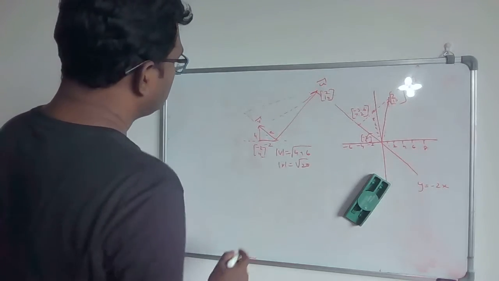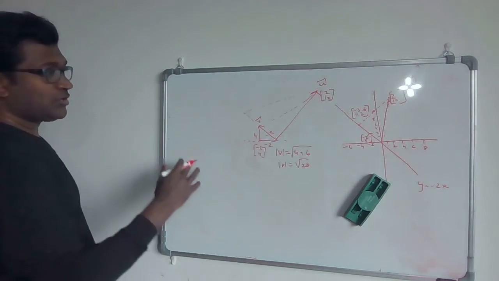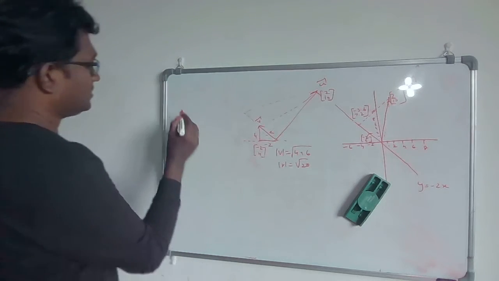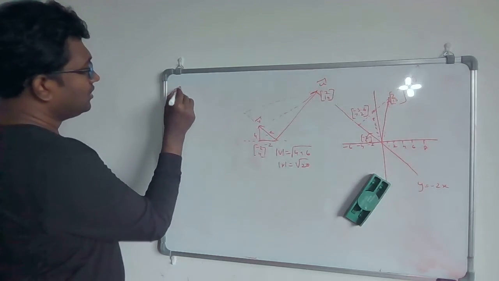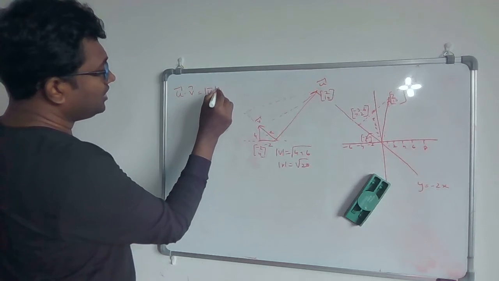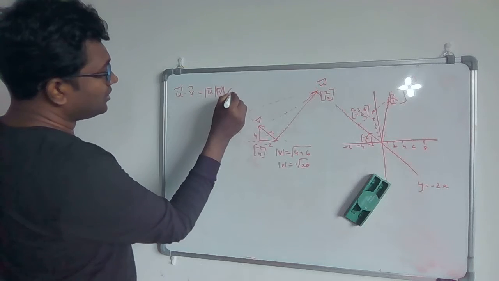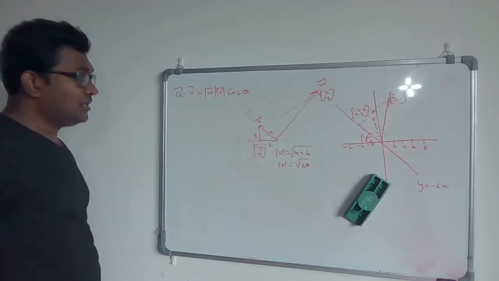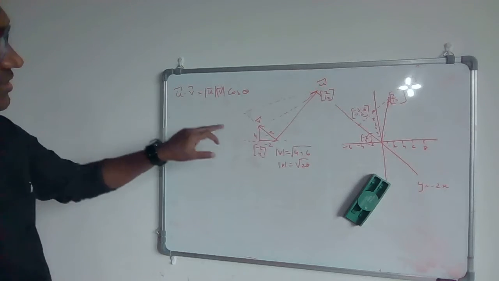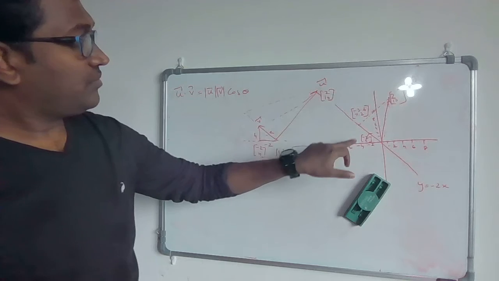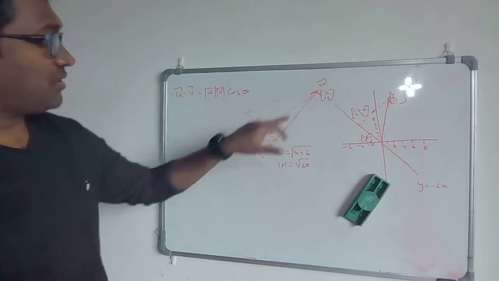Okay. Now we have a relationship between dot product and this actually. So what is the dot product? u dot v is equal to the magnitude of u times the magnitude of v times cos theta. That is the relationship between dot product and the projection. So what is u? What is v? This is u, this is v.